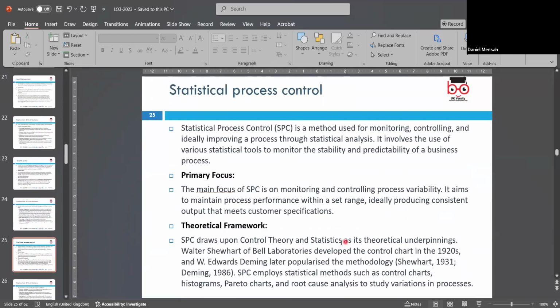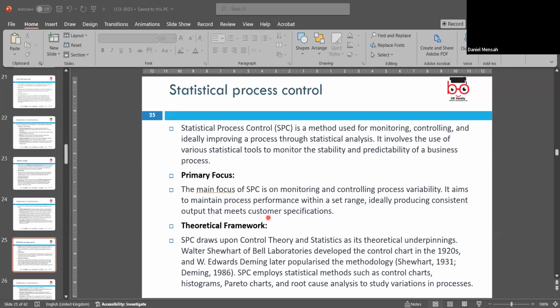Okay. So there is another approach, we call it statistical process control. This is another technique, and we have already discussed it previously. But if we talk about this technique, as the name demonstrates, statistical process control, basically it is, of course, data driven.